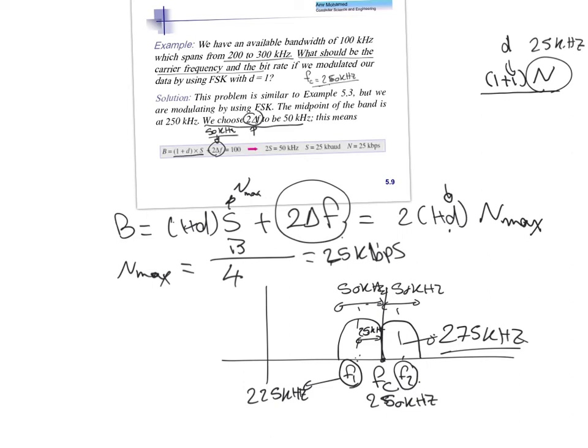Do you have a question, Daniel? Because the signal rate is actually N times 1 over R. R is 1, yes. R is 1, right?